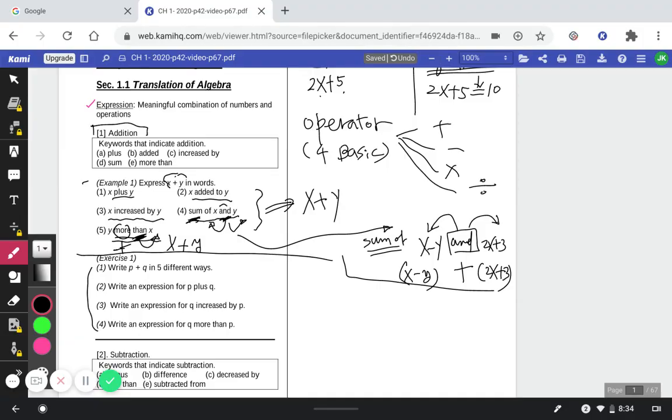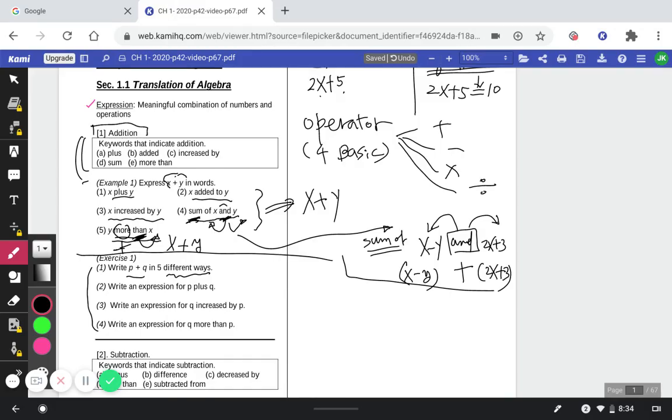So exercise 1. Write p plus q in 5 different ways. 5 different ways means using those 5 vocabulary keywords. So I guess that is p plus q, p added to q, p increased by q, sum of p and q, and q more than p.